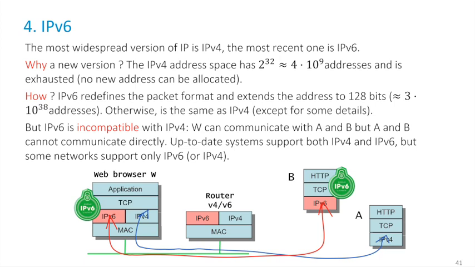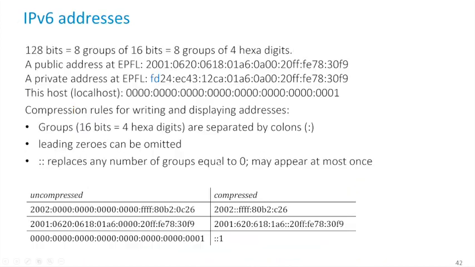So there are parts of the world where, because of the growth, they need new addresses, and they will have only IPv6 addresses. So you have IPv6-only networks. Now, those two don't work together at the network layer, so you will need to find clumsy solutions for them.